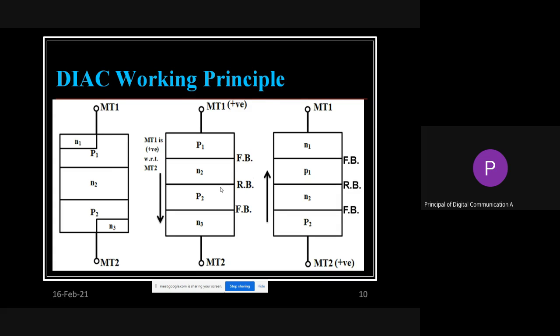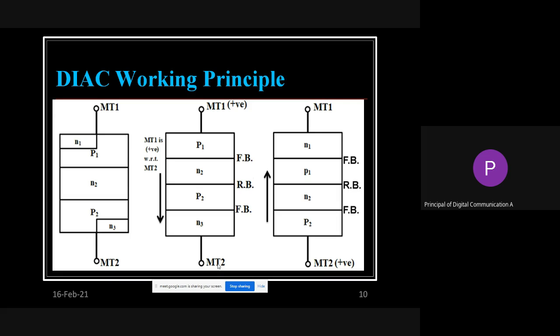The answer is that when the voltage between this MT1 and MT2 crosses the threshold value, that is known as the VBO, the breakover voltage, as in the same SCR or triac, it will flow current which goes beyond the holding current, and it will go into the on condition, or it will become on.